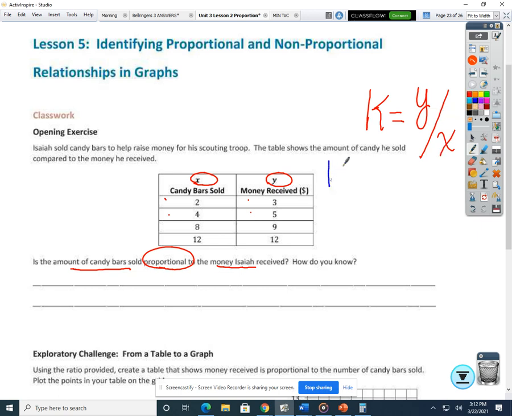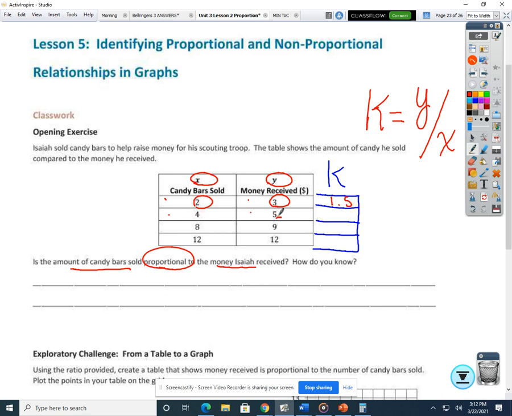We'll make a new column here called K, and we will determine what is our unit rate for each of these entries. For our first one, our Y value is 3 divided by our X value of 2, we get a unit rate of 1.5.